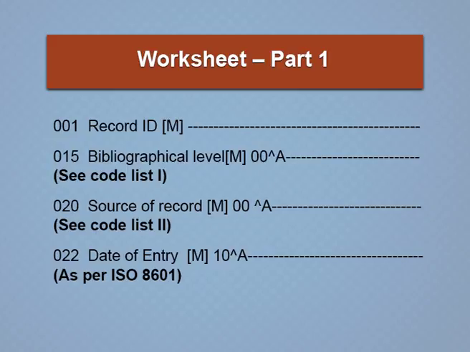For example, today's date: 2016 represents the year, this is the month of July so we give 07, and this is the 9th July so we give 09. Altogether it will be 20160709. This is the ISO format of entering dates.